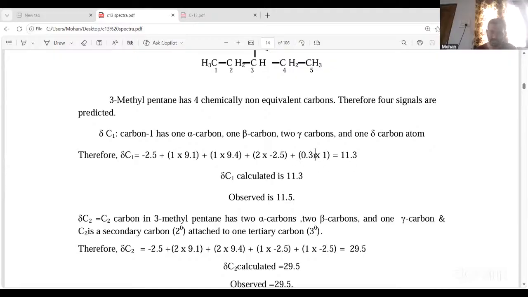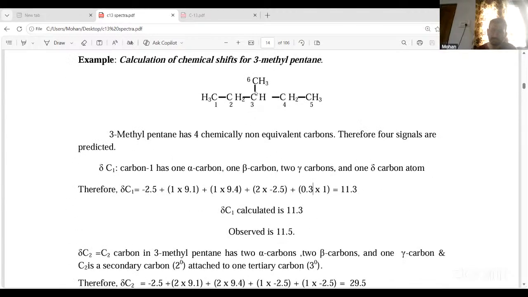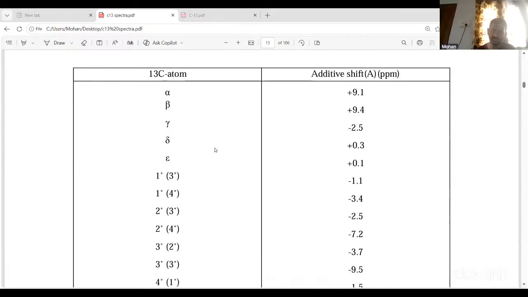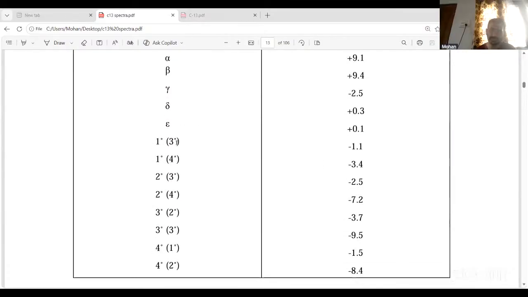So here generally 0.3, this is the primary carbon attached to the tertiary carbon here, right? So here the values are summed, right? So some displaced here. So generally plus 3 is for this one.